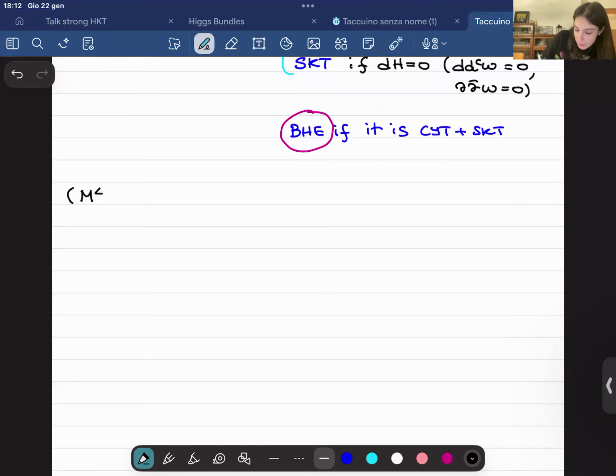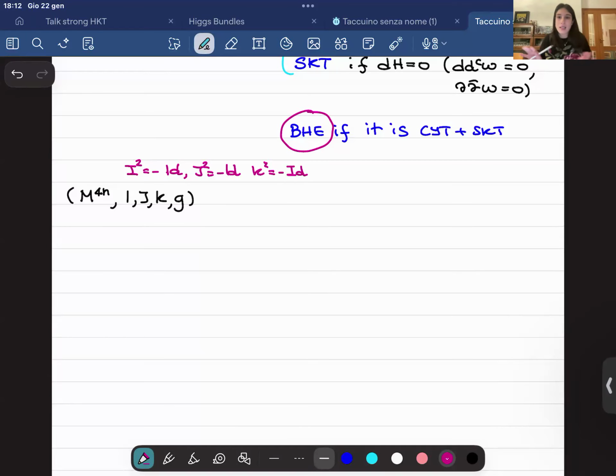So the dimension of the manifold will be 4n, and I have a triple of complex structures, I, J, K, which satisfy the unitary quaternionic relations, meaning that I squared is equal to minus the identity, J squared is equal to minus the identity, and K squared is equal to minus the identity.